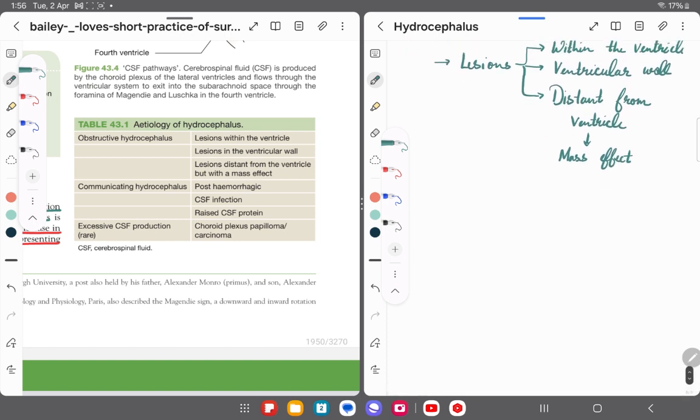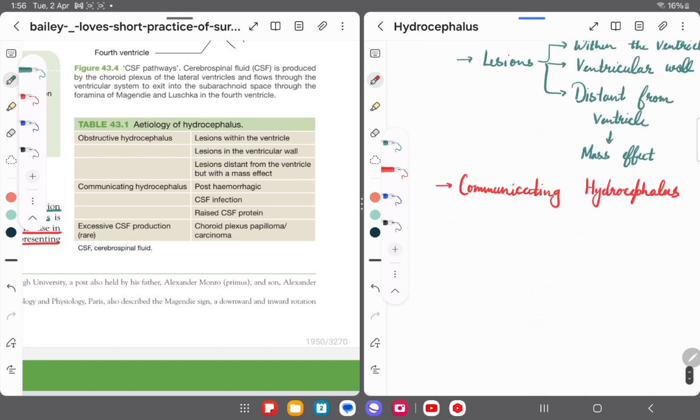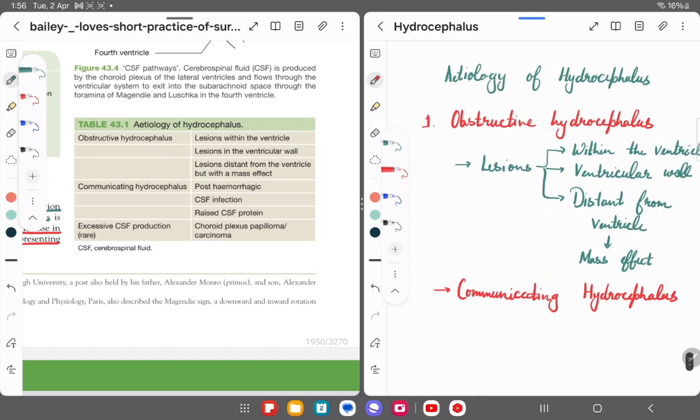And then we have communicating hydrocephalus. So obstructive hydrocephalus, then communicating hydrocephalus.